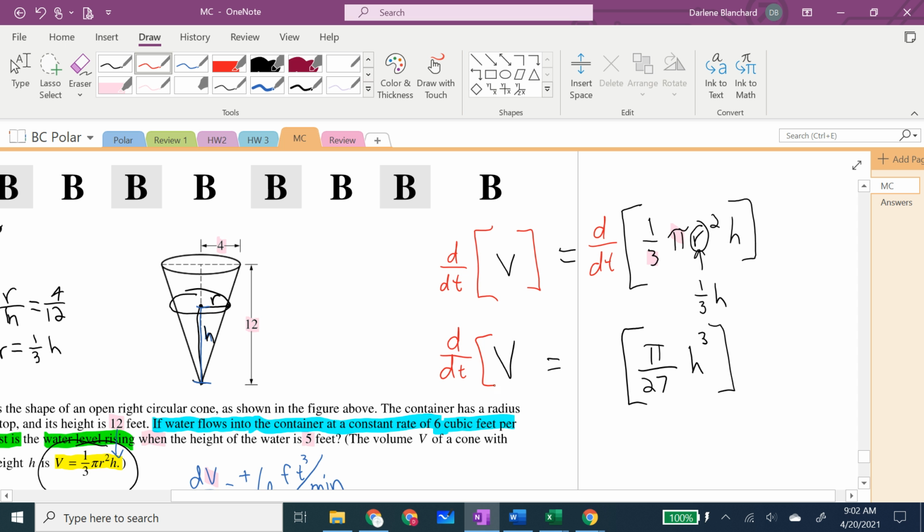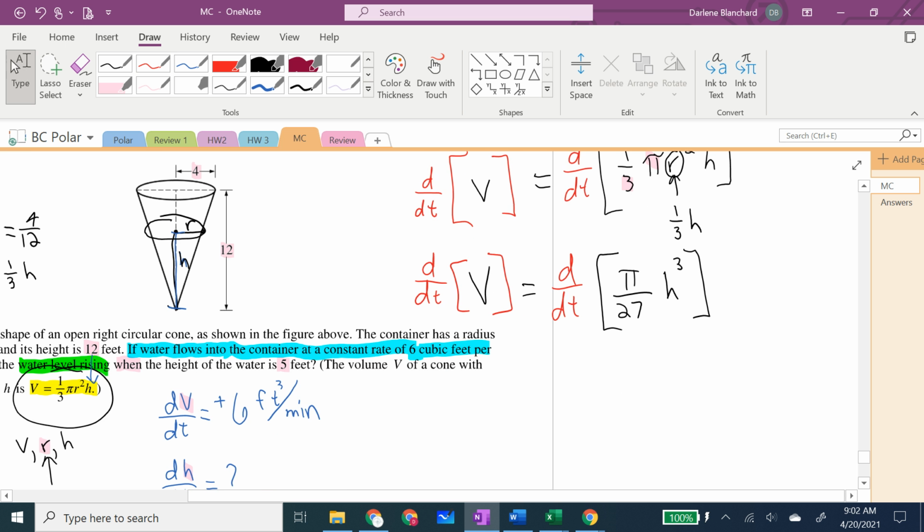So now we take the derivative with respect to time. And if it's just plain old V, then dV/dt. On the other side, I have a constant multiple. And then when I do chain rule, which I'm always doing in implicit differentiation, H is my baby function because it's not time.